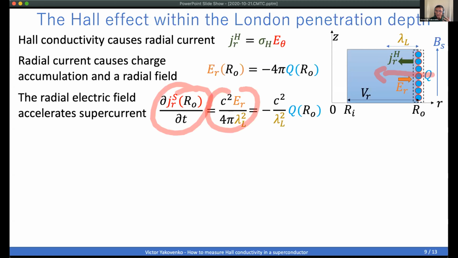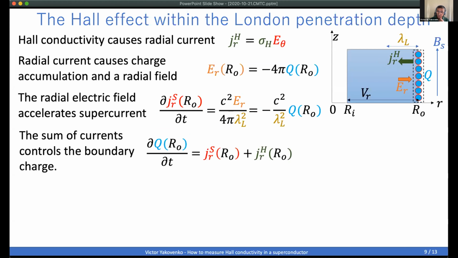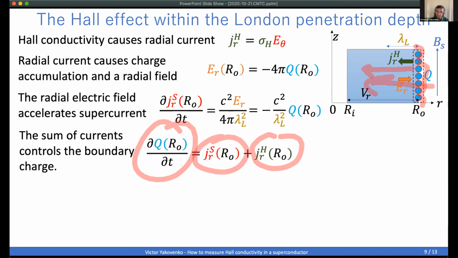So we always have to deal here with supercurrent and Hall current. The radial supercurrent is related to the accumulated charge. Long story short, we will have an equation of motion for the charge. The accumulation of charge on the boundary will have two contributions: one from the Hall current in the radial direction, another from the supercurrent, which is induced by the charge itself.